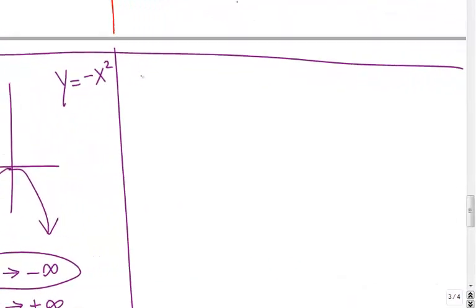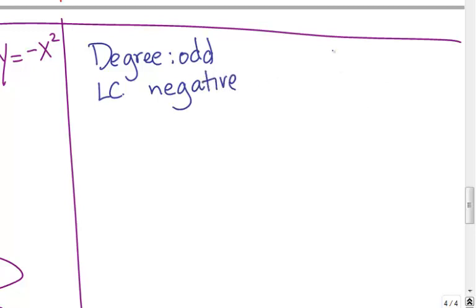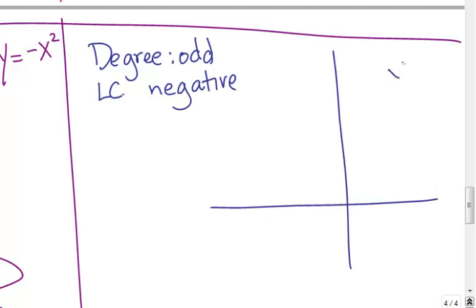This one the degree is odd. This time, the leading coefficient is negative. So that's like graphing y equals negative x cubed. Look what that does to the graph. The positive one opens this way.